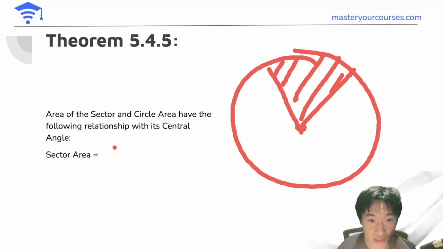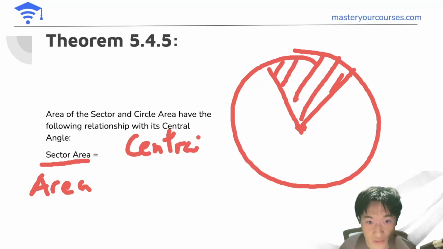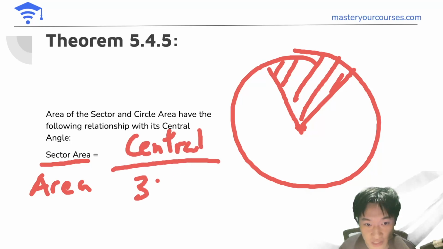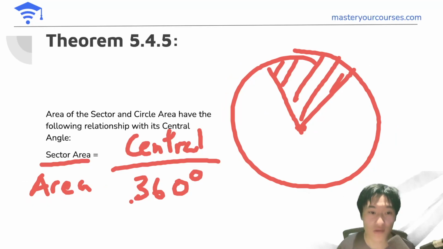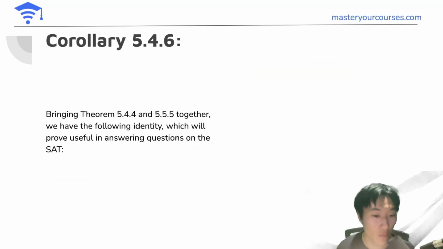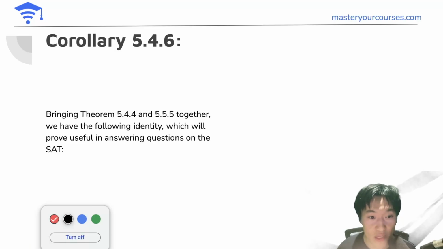This sector area divided by the entire circle area, which I'll just denote as area, is actually equal, again, to the central angle divided by 360 degrees. So the same ratio that we were working with over here applies to the area as well. So how can you find the sector area? Simple. Find area, multiply it with the central over 360 degrees to get the sector area. We can actually equate all of what we have prior into a big equation, right?